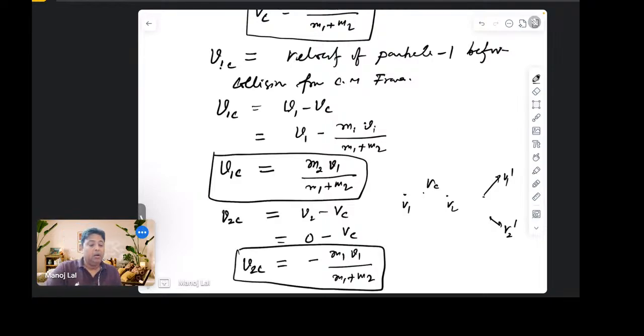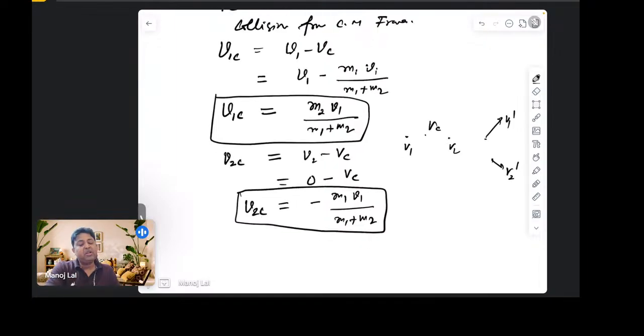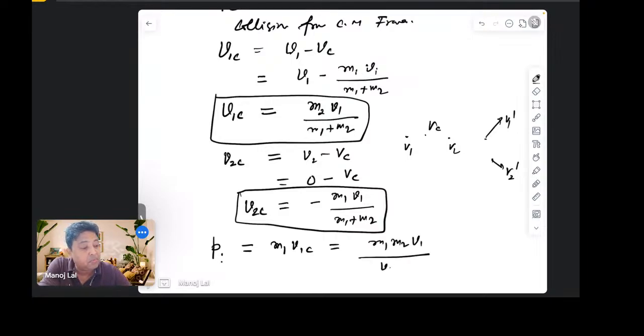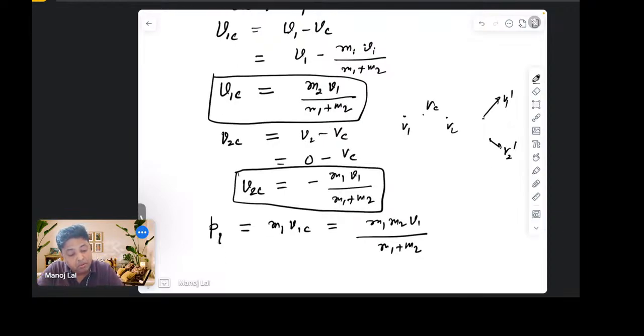Now let me say what is the momentum of particle 1 before collision. P1 is equal to m1 times V1C, and that will be m1 m2 v1 by (m1 plus m2). Now what is the momentum of particle 2 in the center of mass frame?